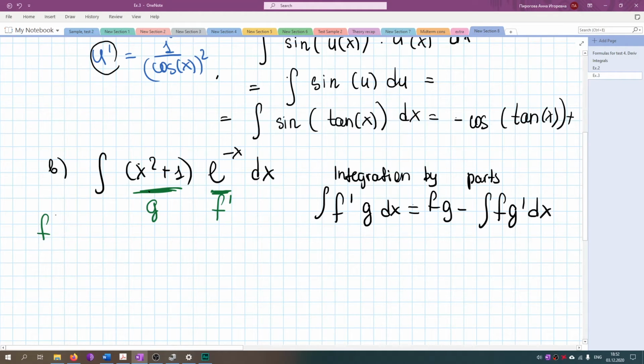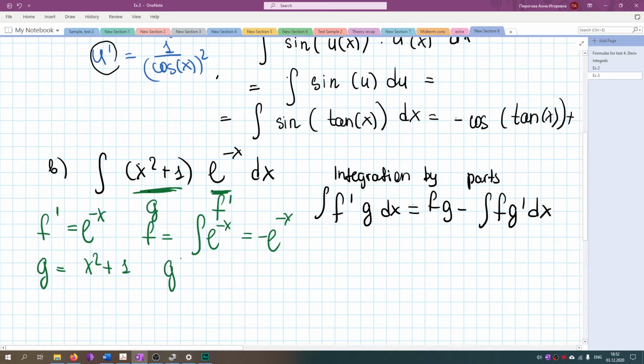So f derivative is equal to e in the power of minus x, so then the function f by itself will be equal to the integral of this, and it is equal to minus e in the power of minus x. So we took x squared plus 1 as a g function, and the derivative of this function is 2x.